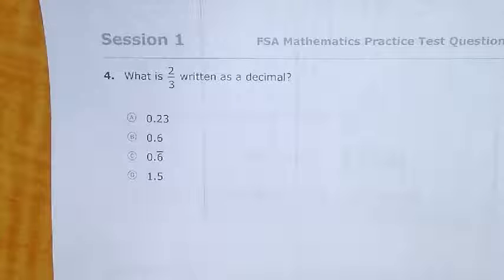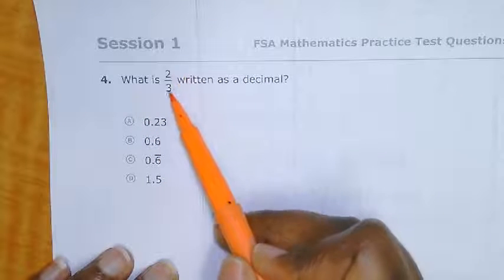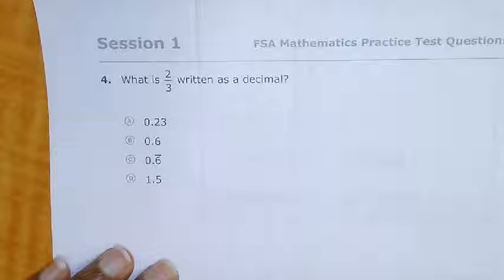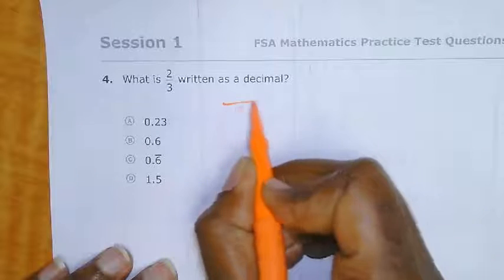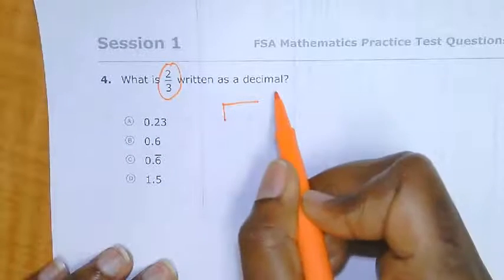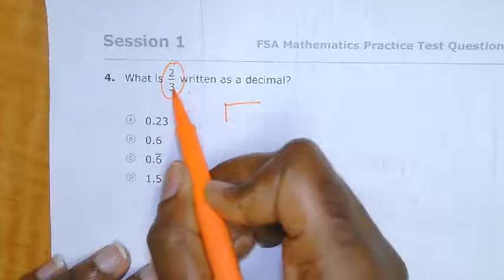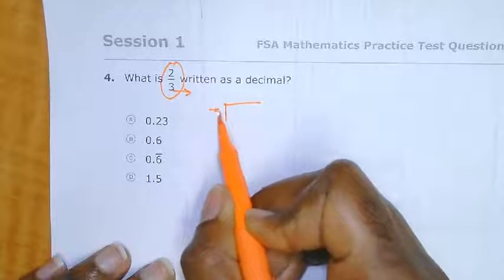Question 4 says, what is 2/3 written as a decimal? And of course we're simply dividing. We want 2/3 as a decimal, and of course what goes here? 3, because bottoms out, right? 3 here and 2 here.